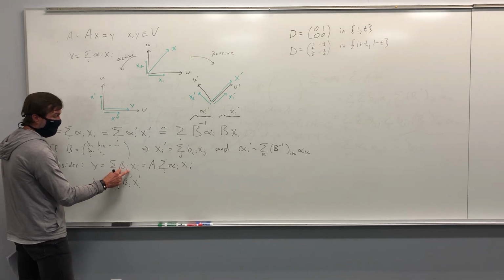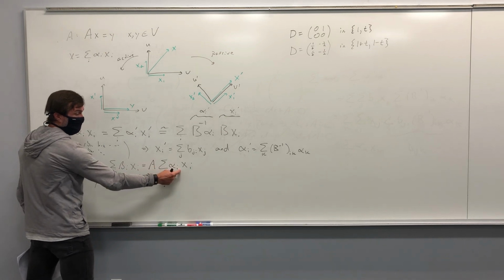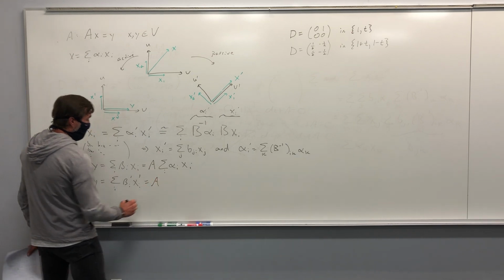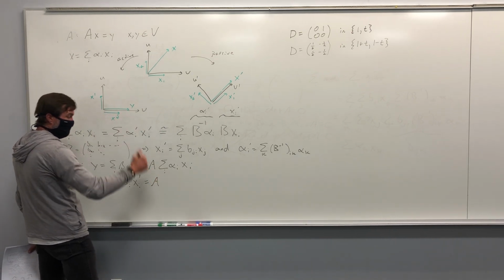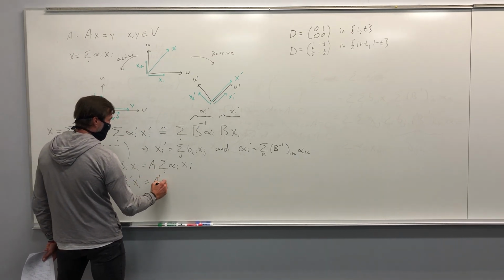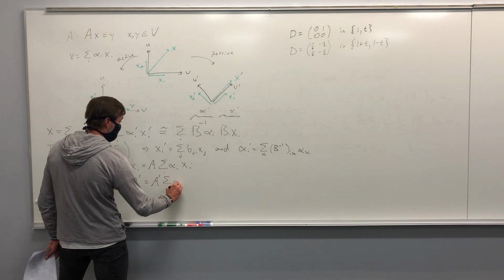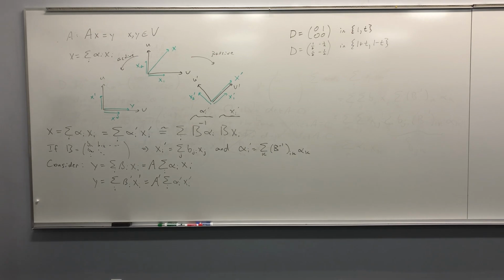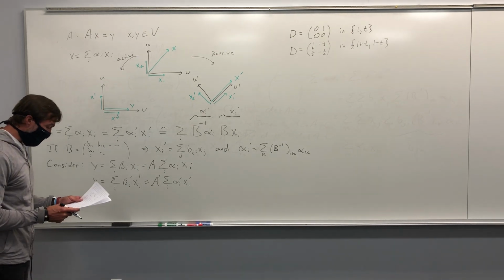So the b_i's are coming from A acting on the alpha_i's. Similarly here, we have the coordinate rotated version of A times the sum over the components of the vectors times the basis vectors in the rotated coordinate system. Okay?